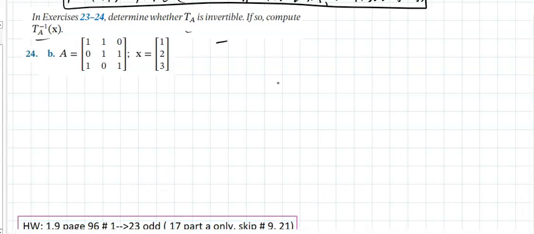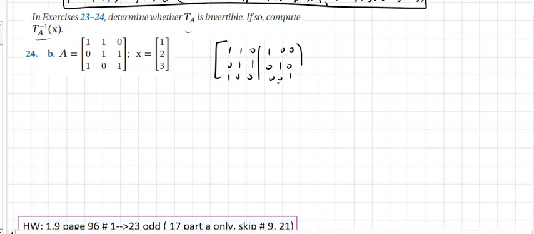Well, I'm going to start with basically 1, 1, 0, 0, 1, 1, 1, 0, 0. And I'm going to work this out.